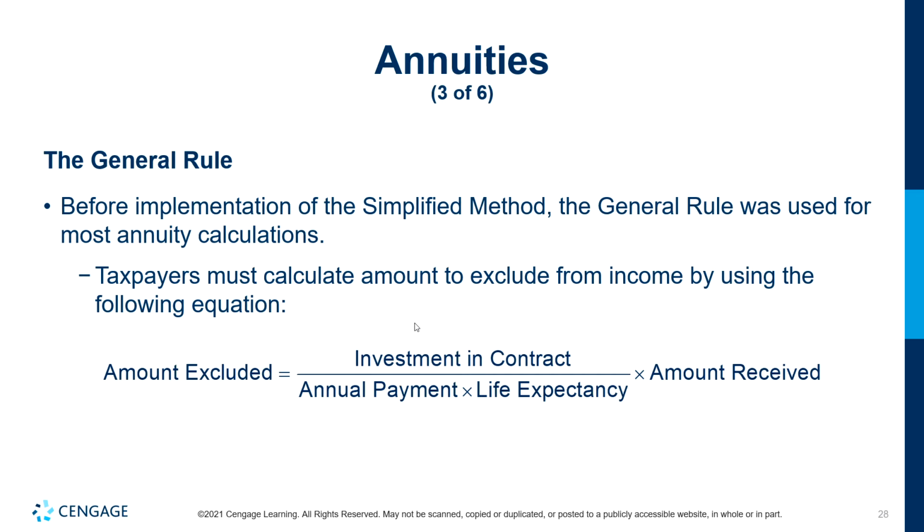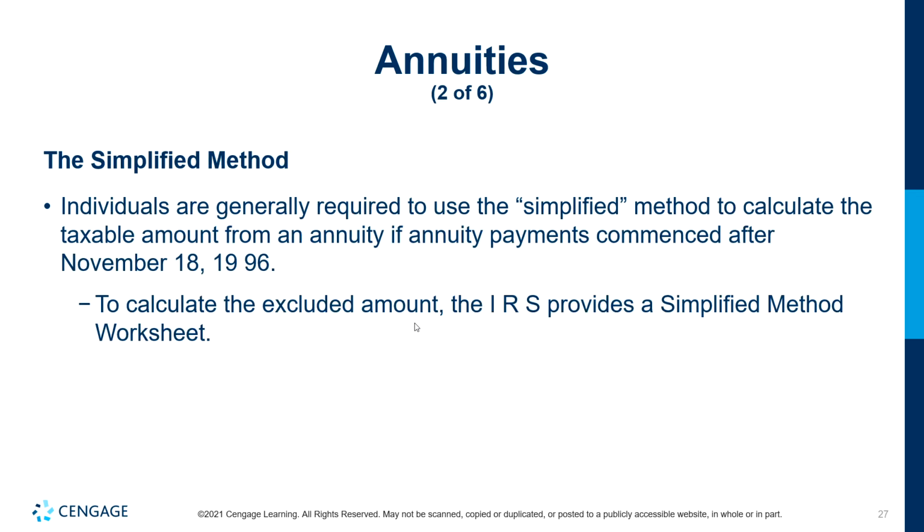All right. So, we do have the general rule. Now, before implementation of the simplified method, the general rule was used for most annuity calculations. Remember, this is what's used for annuity payments that commenced before November 18, 1996.